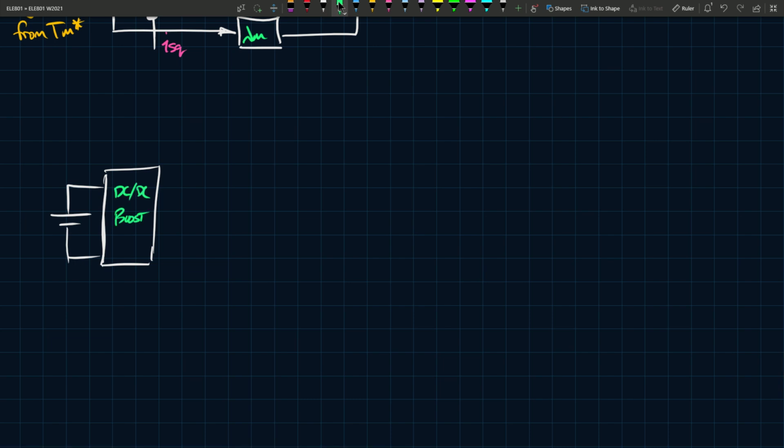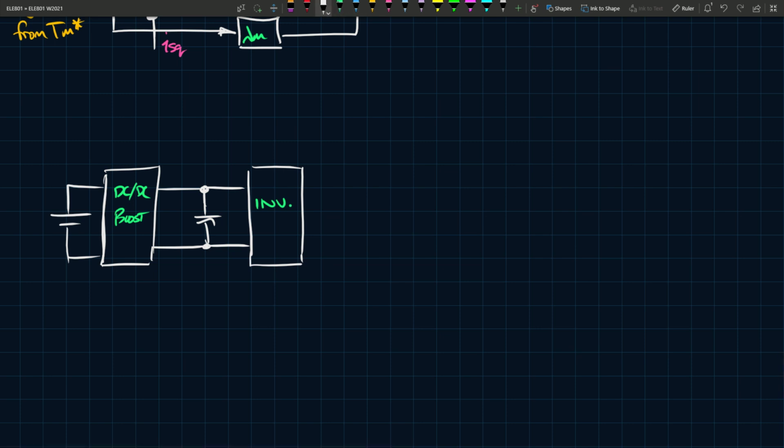So this is a boost converter. You would boost the voltage to some value that you need for your inverter. The output of the boost converter would be connected to some DC link capacitor for the inverter. The inverter would be this thing here, so we can say INV for inverter.